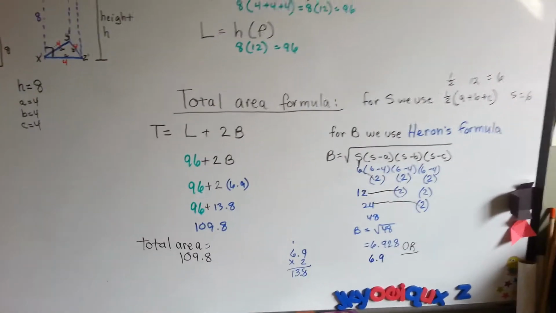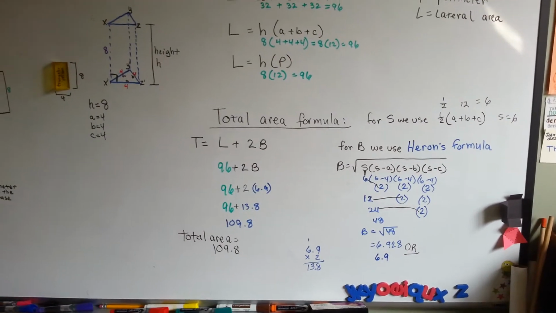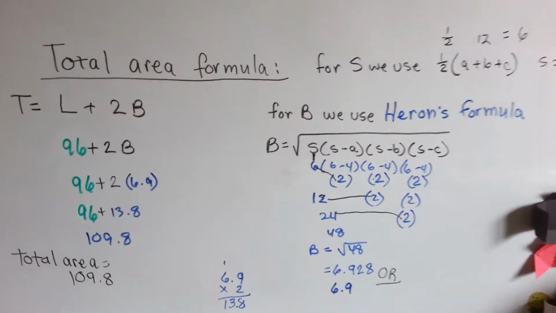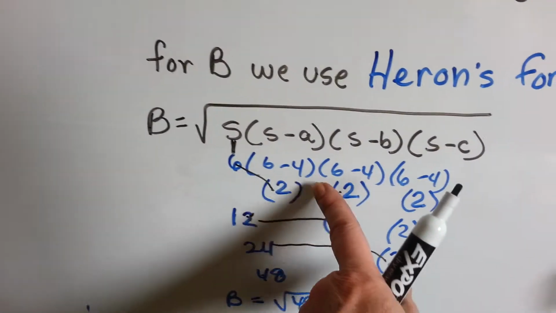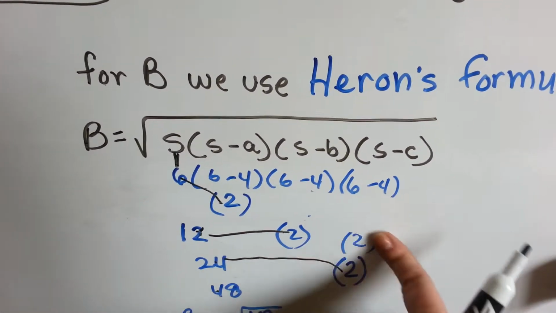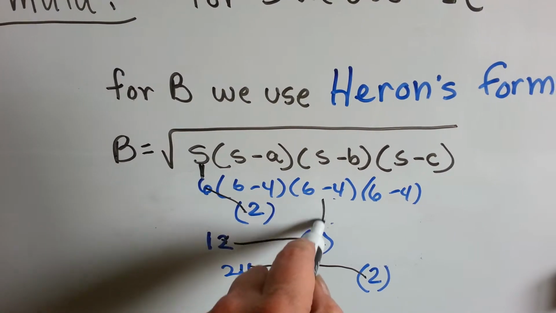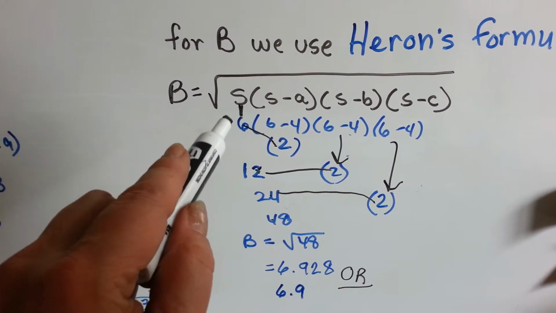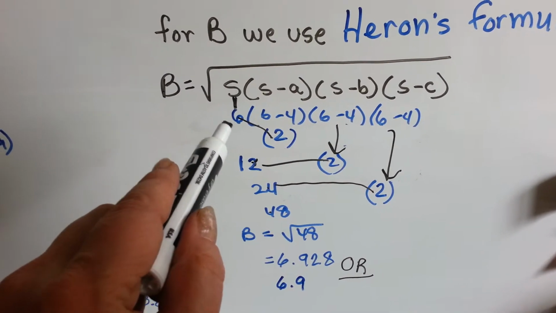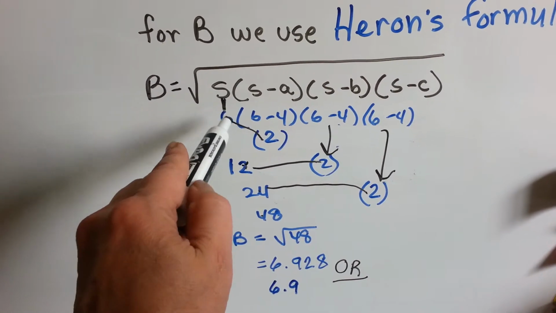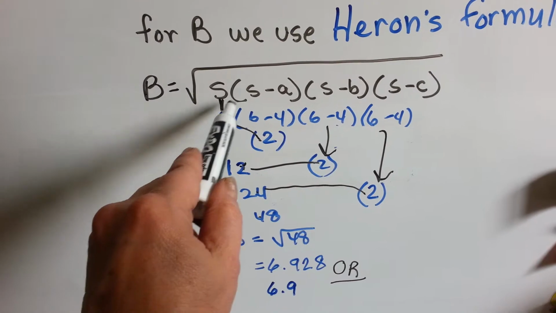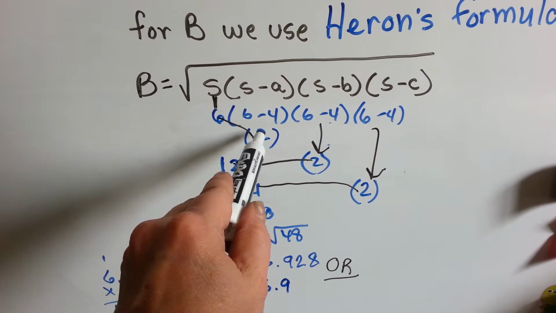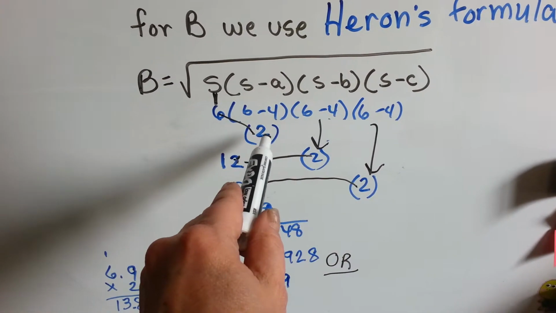Now, if you need to pause this or go back over and look at it, go ahead and do that. But it's very simple. The only place where you're going to get messed up is here. Sometimes what people do is they say 6 times 2 is 12, and they don't distribute it properly.